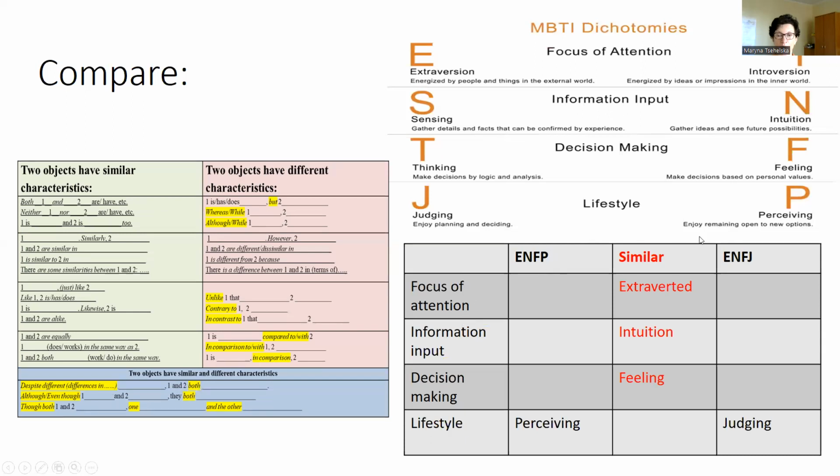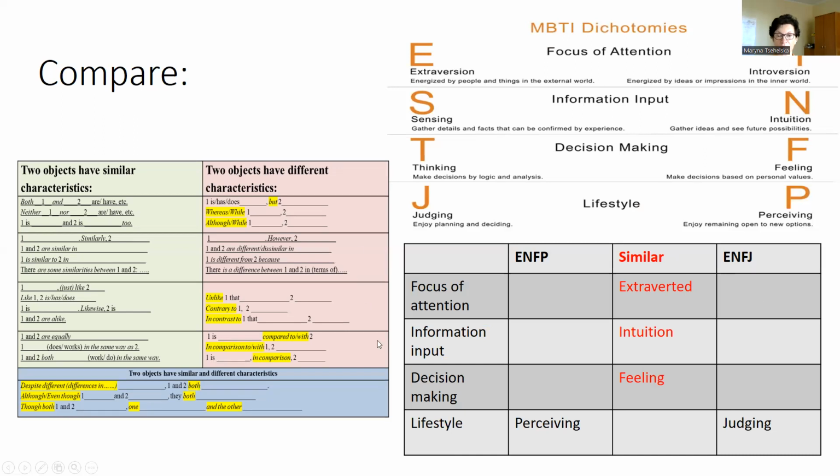So you see what we do for comparison. Again, we use the classification table, but in this table, we put the two types. We leave the column in the middle for their similarities. And if they have differences, we place the differences in each type's column.